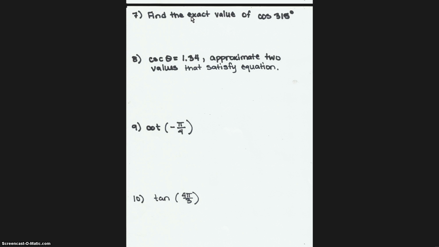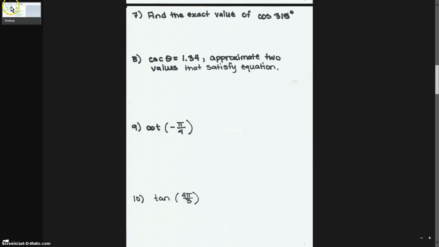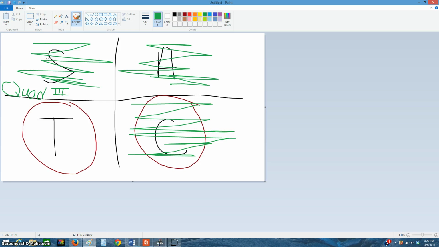It doesn't want you to type it into the calculator, because if it wanted that, it would say, use a calculator to approximate. In other words, to estimate. In this case, we're trying to find the exact value. Keyword is exact, so that usually means you have to go to your unit circle. Yes, I will provide you with a unit circle on your midterm exam.